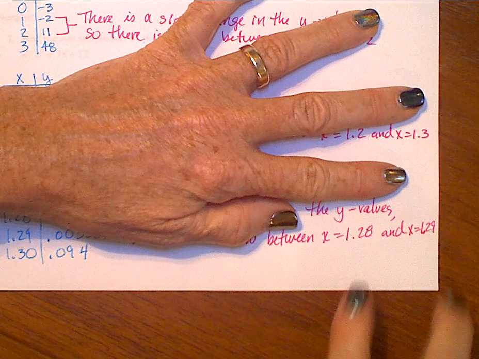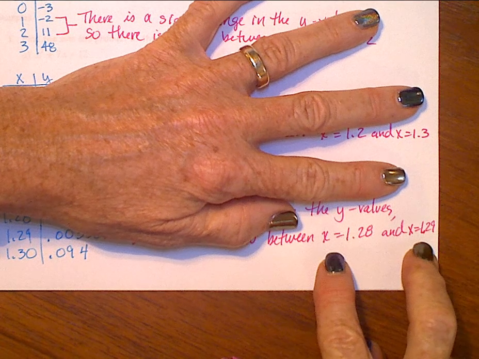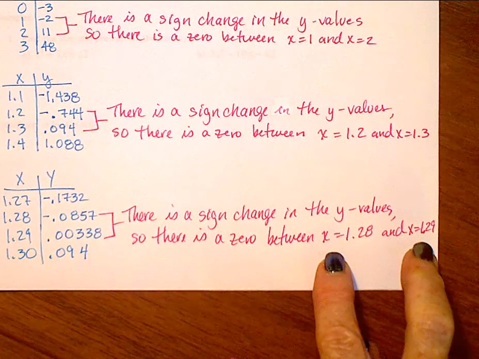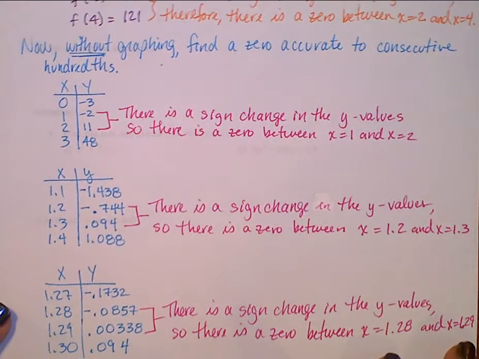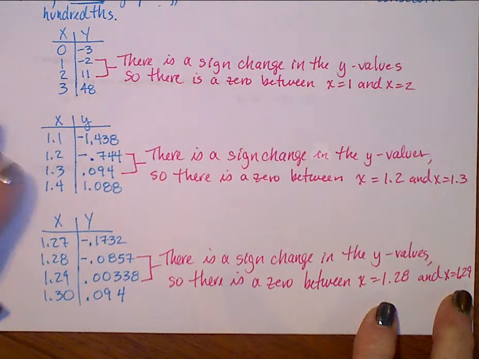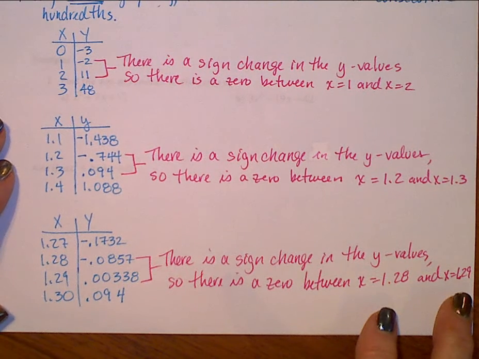And now we are at consecutive hundredths. Okay. Again, if you missed part of this, the button push directions, pause the video, rewind, go back and hear those directions again. Thanks.